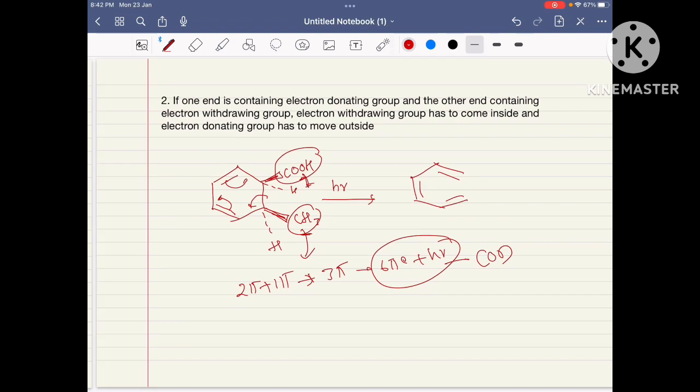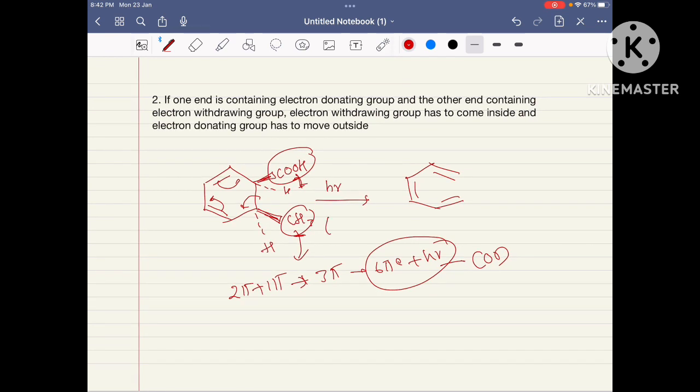Conrotatory means one direction. Look at here, CS3 is above and hydrogen below. If you are moving in this direction, CS3 goes inside, H comes outside. If you are moving in this direction, this above group will go outside and H comes inside.